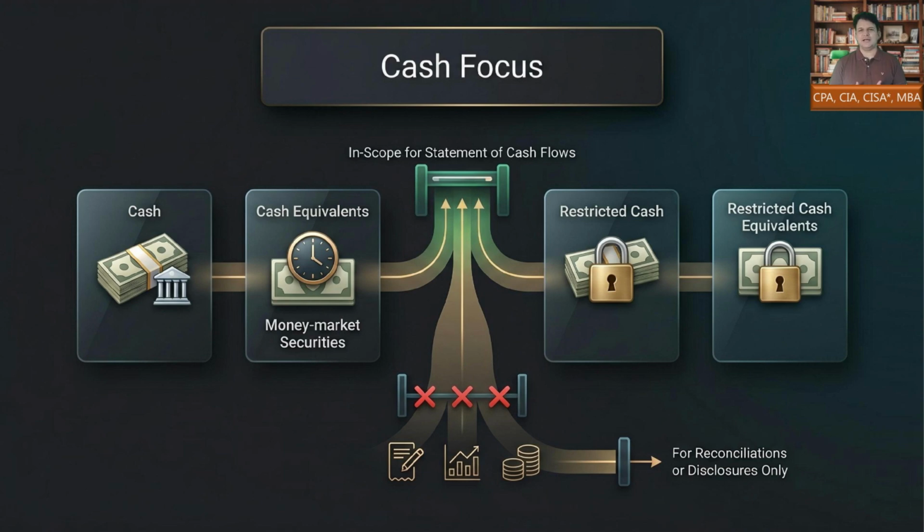Restricted cash is cash whose use is limited by legal or contractual terms. Accrual-only items like accounts receivable, depreciation, and deferred revenue do not enter the body as cash flows by themselves. They may affect reconciliations or disclosures, but they are not cash movement. Accounts receivable can wear a cash-looking costume, but ASC 230 will still check its ID.